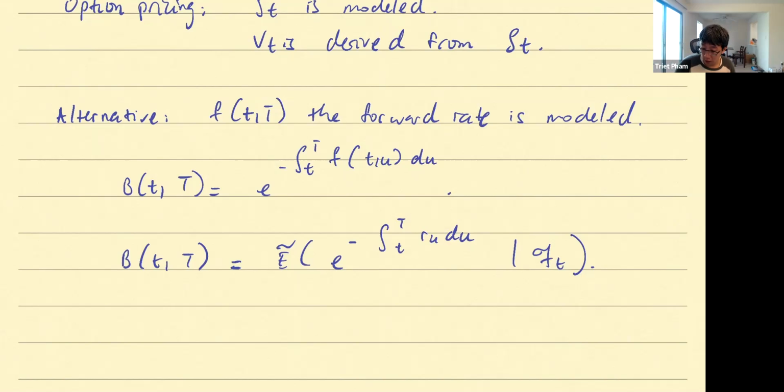So you can think of this as the ability to lock in a rate that you will start borrowing at time little u in the future. But you lock it in at time little t. Does that make sense? The action of borrowing and lending will not happen until time u, but you're locking it in at time little t.